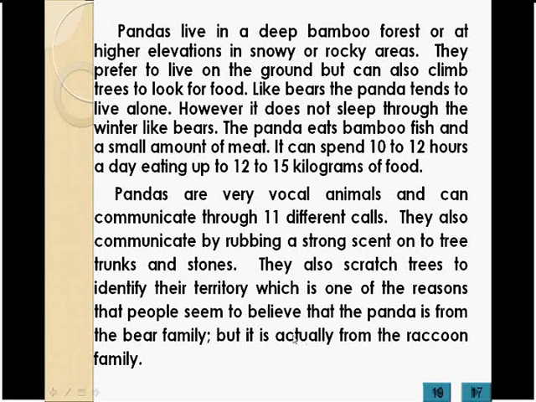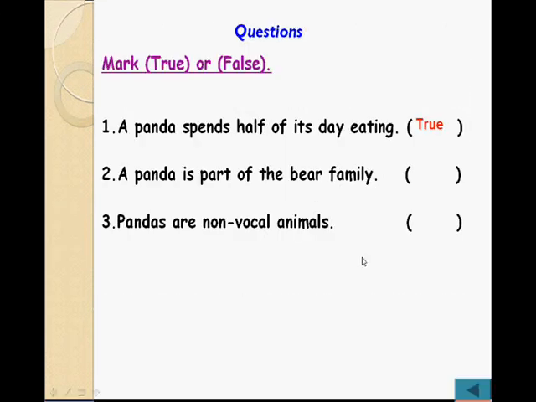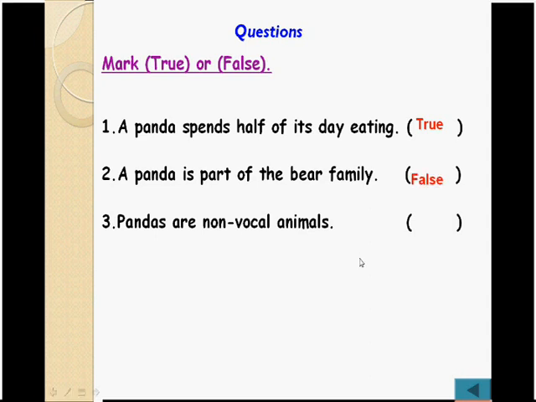If you just look at the last line, you'll find it's from the bear family, but it is actually from the raccoon family. So is it true or false? False. Very good.